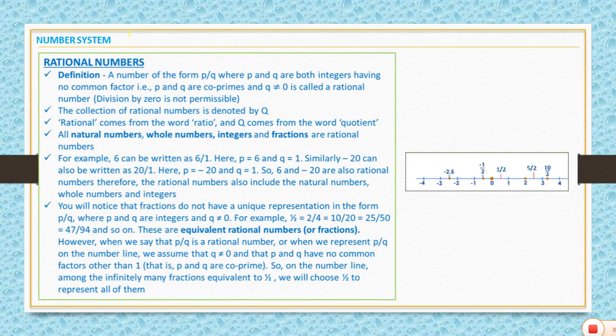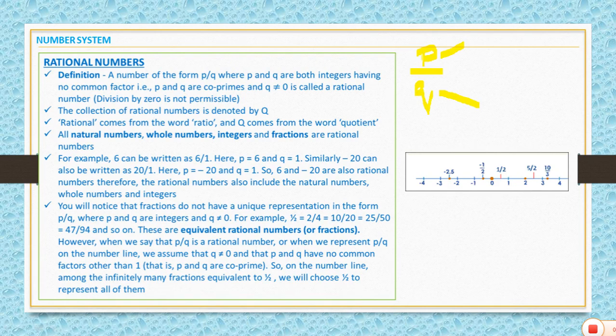Moving towards rational numbers. This is our topic, the main topic of today. Rational numbers. All the fractions and all the integers can form rational numbers. All numbers, if they are expressed in the form p by q, where p is the numerator and q is the denominator, are known as rational numbers.